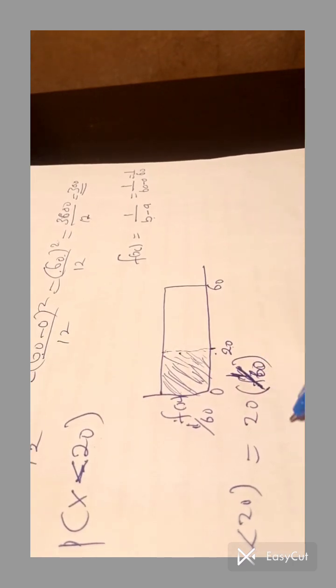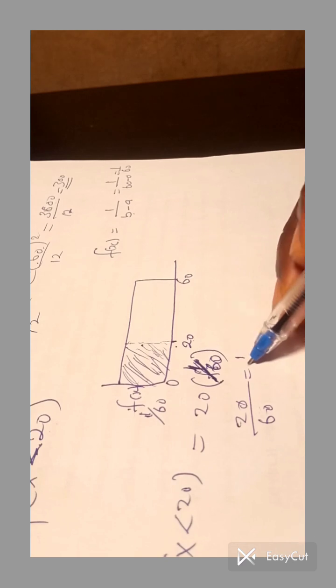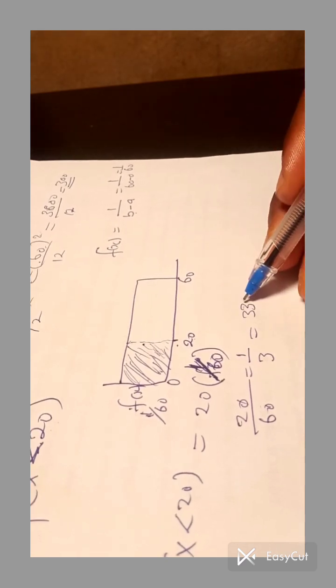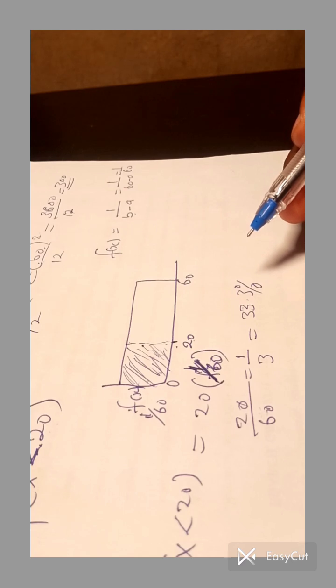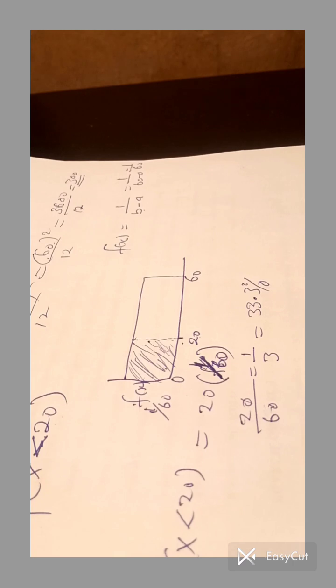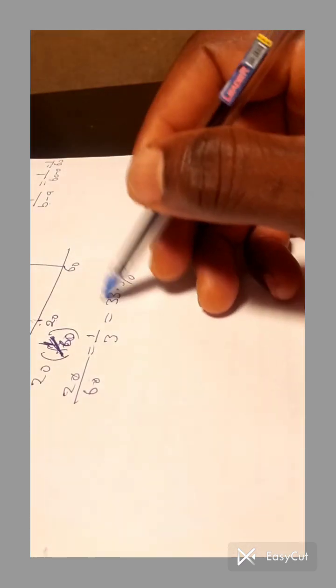So if this multiplies the top, we have this, and if this cancels, we have 1 over 3, which simplifies to 33.3%. That is, if we multiply by 100 to leave the answer in the form of a percentage.